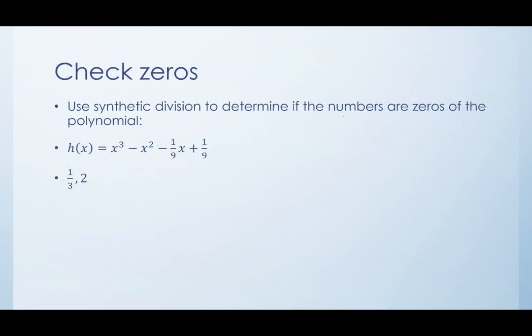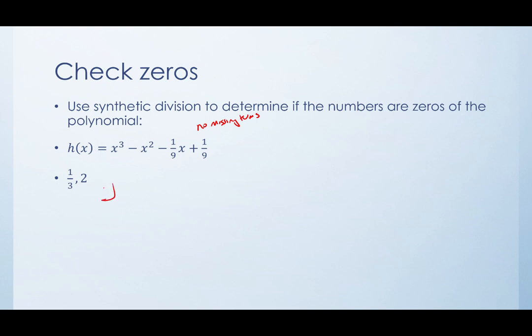All right, so we can use that to check to see if numbers are zeros of the polynomial. So here we've got h of x. It's a third order, it's in standard form, and we don't have any missing terms. That's the key thing to look at. So we want to know if either of these are zeros of the polynomial.